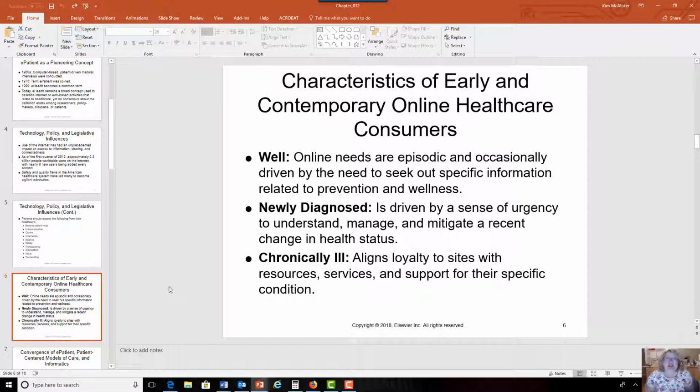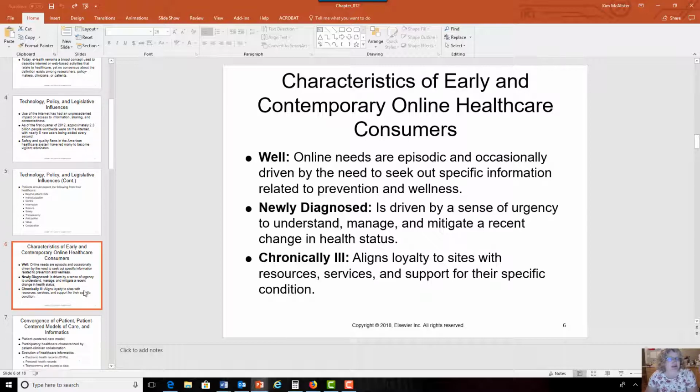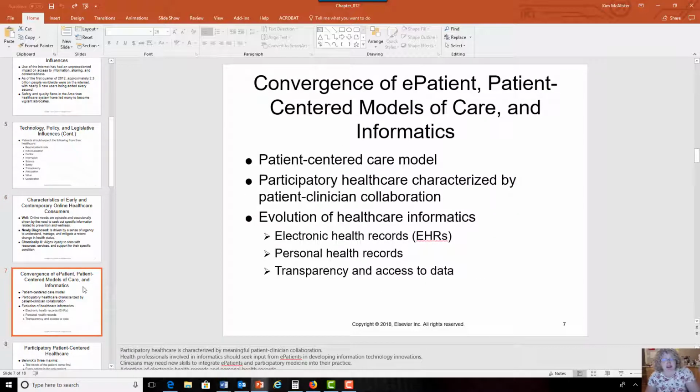All of the major insulin manufacturers and manufacturers of glucose testing like Accu-Chek and One Touch and so forth, they all have really great sites that patients can sign up for, and they can track their disease progress, and it will provide a lot of information for them. So this is something that these patients are seeking.